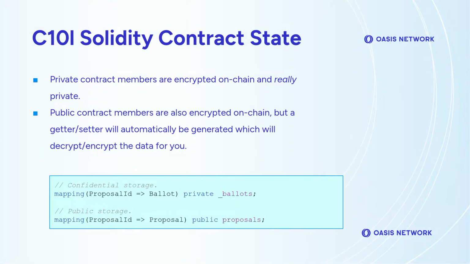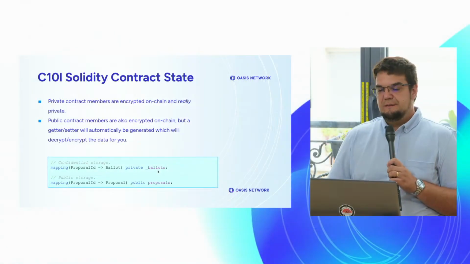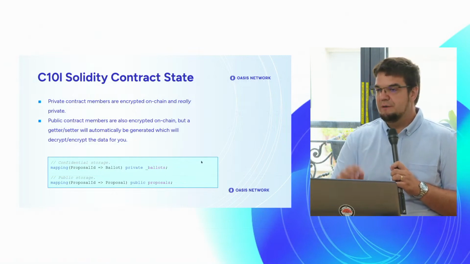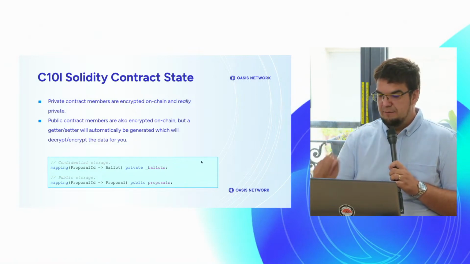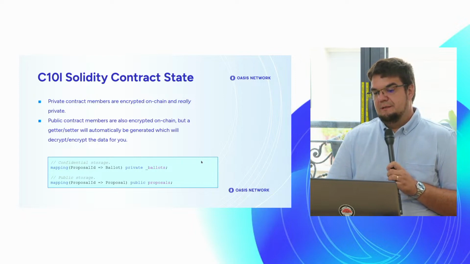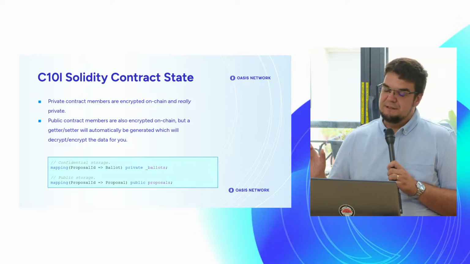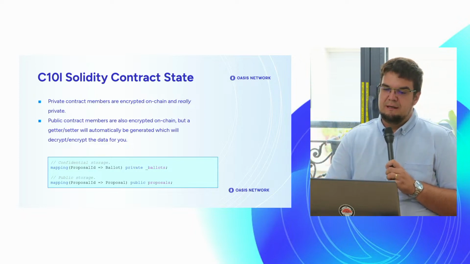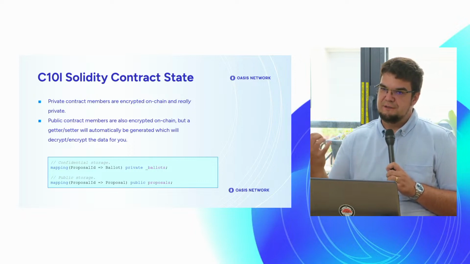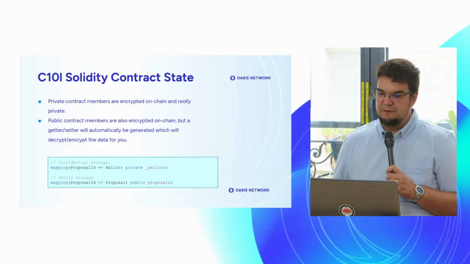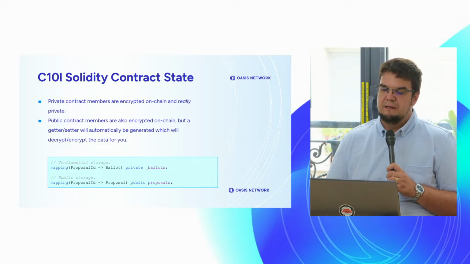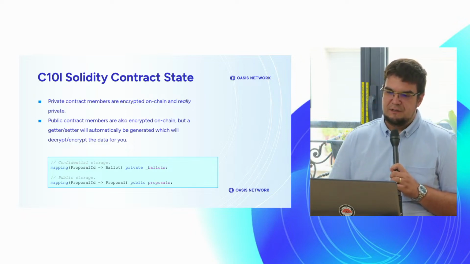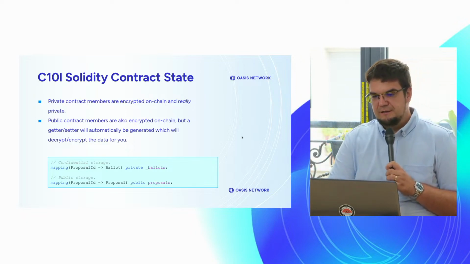Okay, so what about the contract state? If you look at the private and public properties on Ethereum, the fields, not the methods, but the members of the contract, one can always dump the contract state and extract the values of each contract variable, right? Here this is not the case, because the contract state, as I mentioned earlier, is really encrypted.